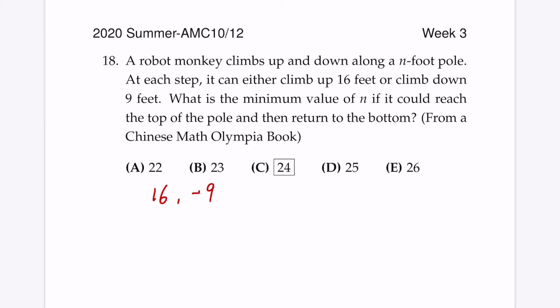Then the position of the monkey would be 16 minus 9, which is 7. Then we have a problem because it cannot climb up by 16, since 16 plus 7 would be 23, which is not allowed. It also cannot go down, because going down must be minus 9, which will be out of the range. So 22 won't work, and A is not the answer.